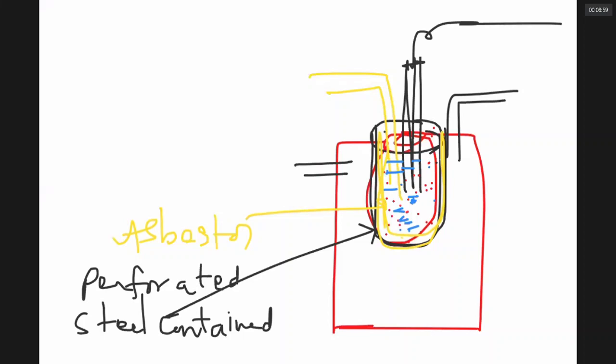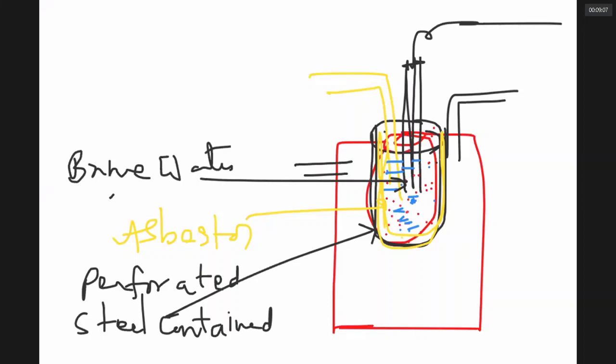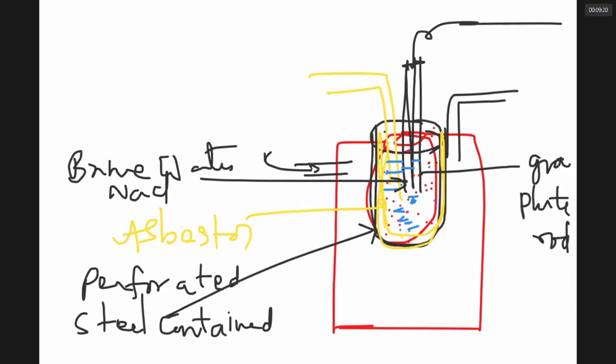Inside that you have brine water. You know what is brine water? Sir, salt water. And now this is a graphite rod. And this is an inlet. Through this inlet, if you want, you can pass steam. This is the outlet.